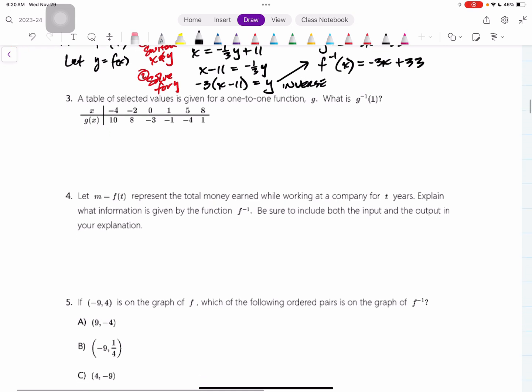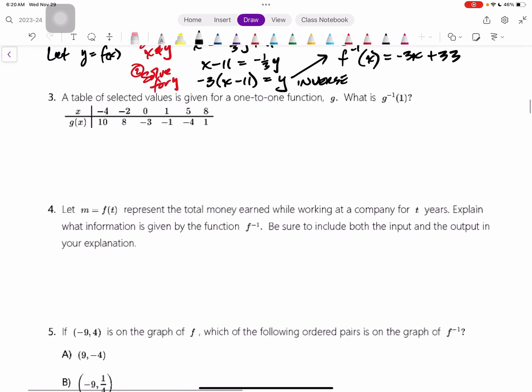That's it. Number 3, a table of selected values is given for a one-to-one function. What is g inverse of 1? Well, let's understand something here.